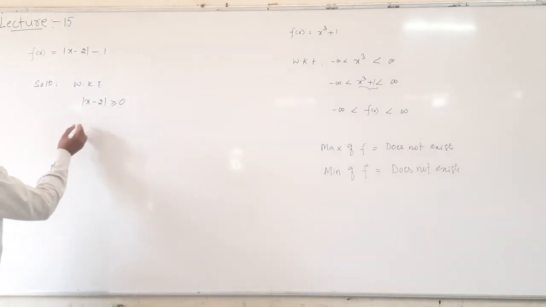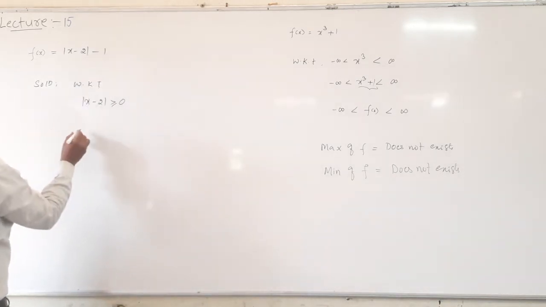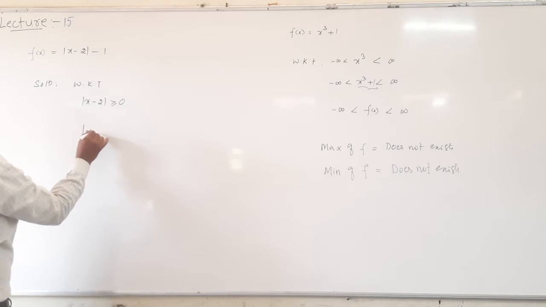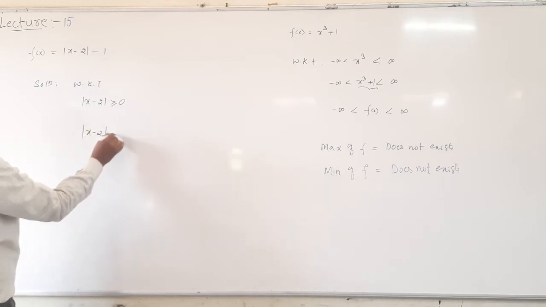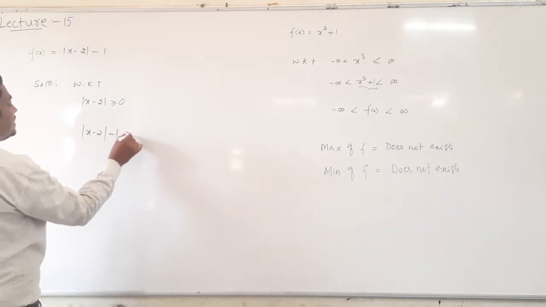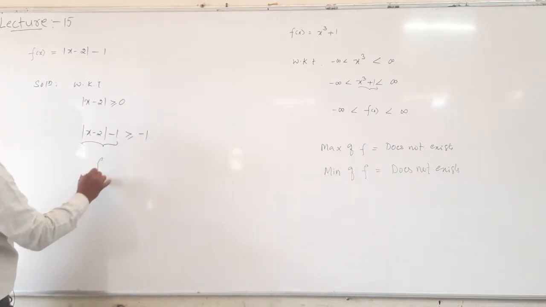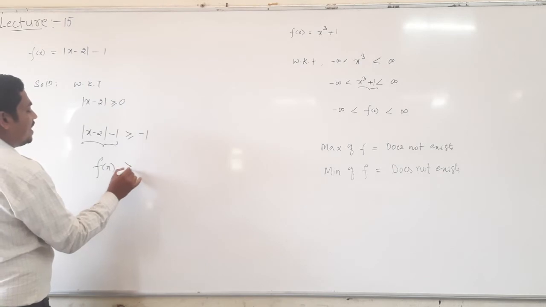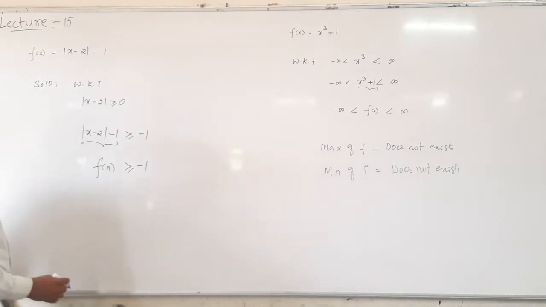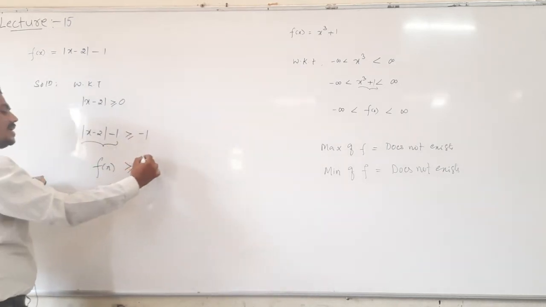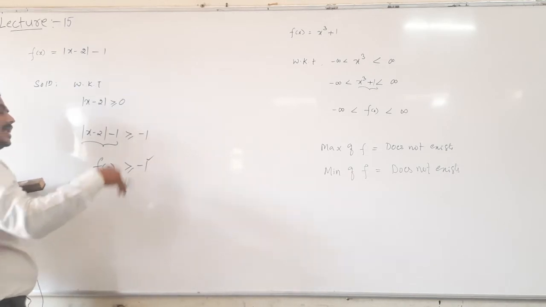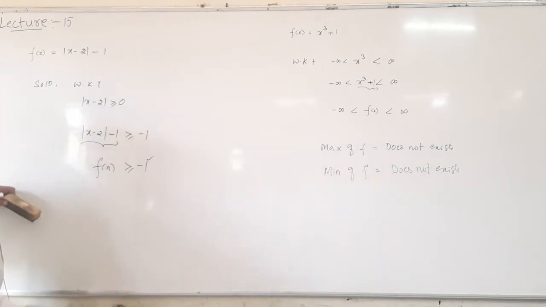Then adding minus 1 on both sides, on adding, the inequality sign remains as it is. This is nothing but our f of x. f of x is greater than or equal to minus 1. Greater than or equal to means least value. Less than or equal to means maximum value.